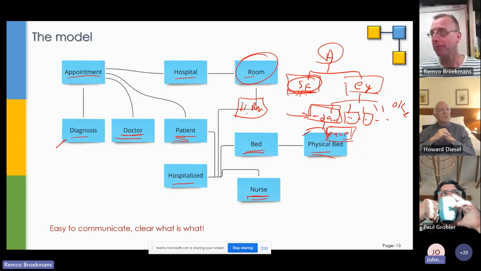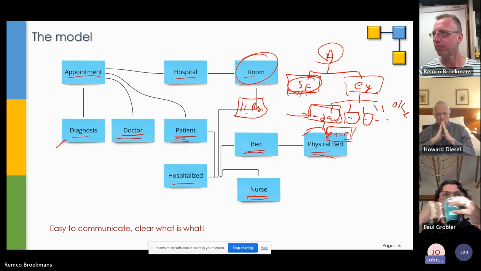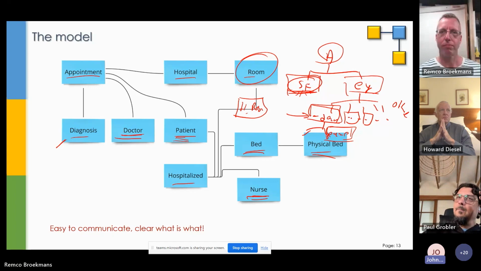Yeah, and that's the push and pull of it with clients, and they have to be comfortable both with the language and then how they see their language relating. So, for example, in the diagram, I would put bed up next to room. But again, it's what your clients become comfortable with.